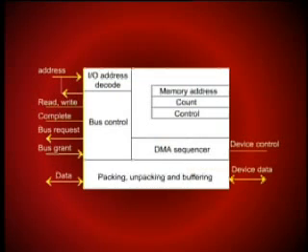The job of a DMA device would then be to transfer a block of data to or from the memory, and at the end of this transfer give the control of the bus back to the CPU. This would be done in the manner we call the DMA protocol.